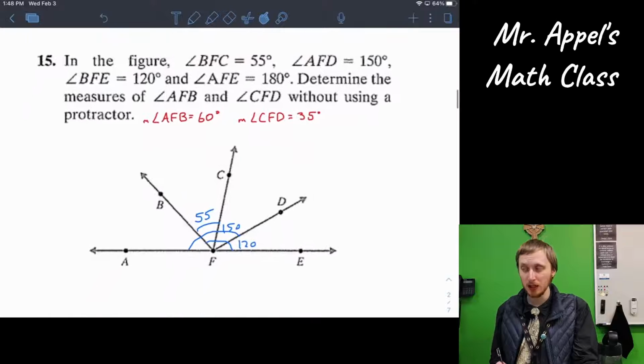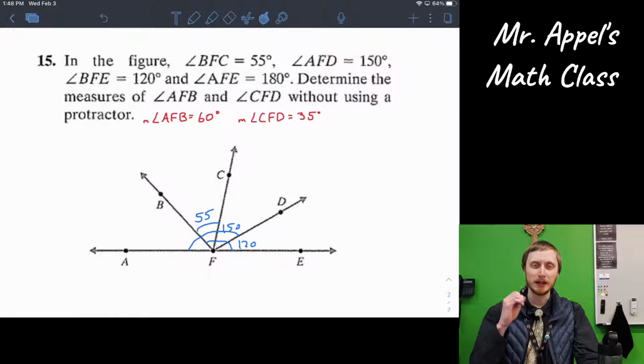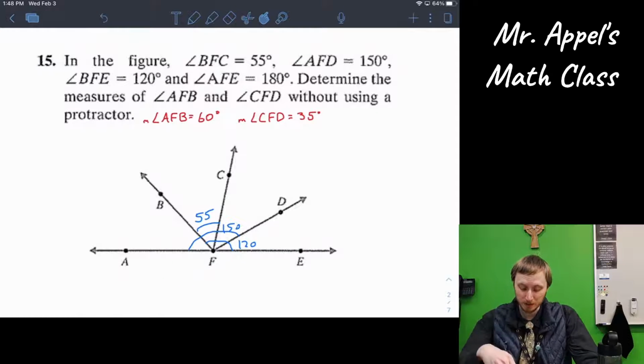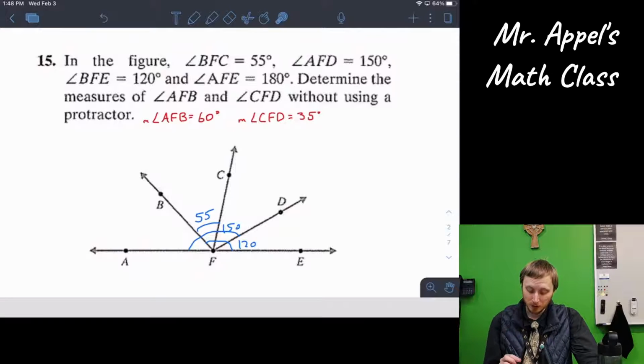Number 15. Now we are computing angle measures based on given information. So we already know that this angle here is 55, this angle here is 150, and then this one is 120. So we got lots of intertangled overlapping here. So be careful. AFB is 60 degrees.